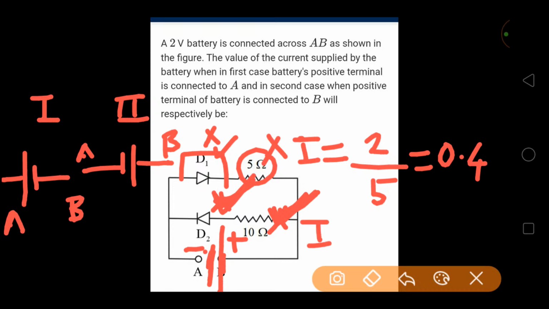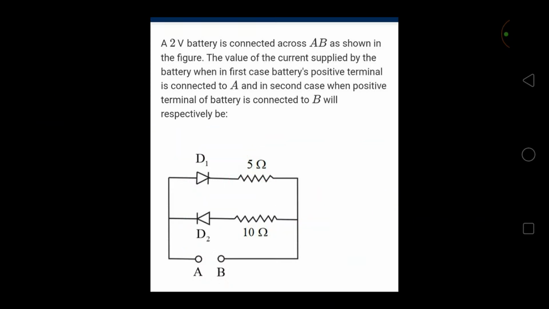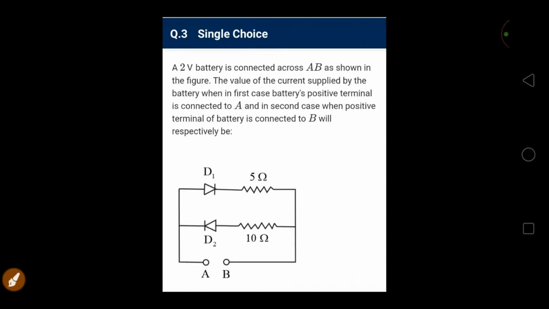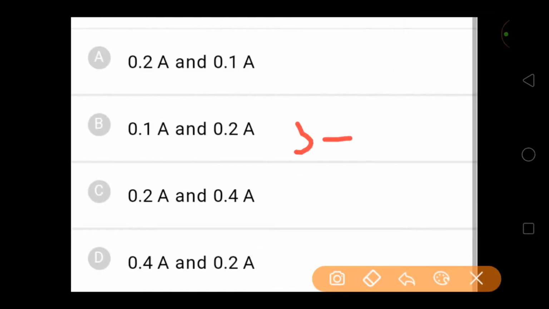So the current in the second case, with the same battery, is 2 by 10, since this is also short circuited. Diode 1 is open circuited, diode 2 is short circuited in the second case. So 2 by 10, that is 0.2. So the answers are 0.4 and 0.2. D is correct for the third question.